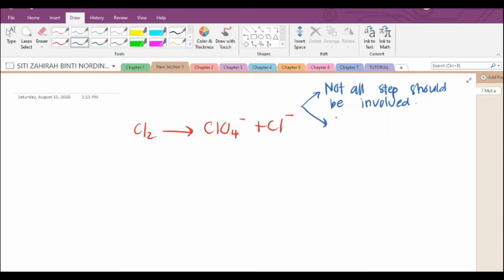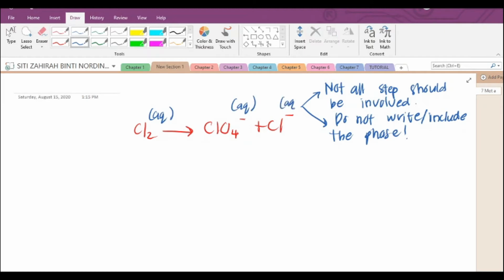And second, do not write or include the phase. For example, in here, I didn't write Cl2 aqueous, ClO4 minus aqueous, and Cl minus aqueous. You don't need to write the phase because we all know that in the ion electron method, all the phases would be aqueous.